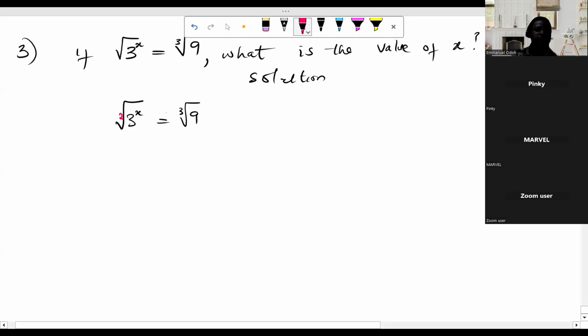So when we're changing it to power, it becomes 1/2. So I have 3 to the power of x, then the square root becomes 1/2. And here is the cube root of 9, the cube root becomes 1/3. I hope the first step is not confusing.